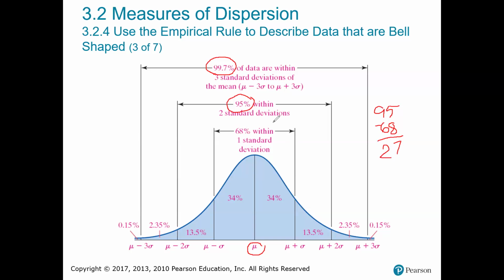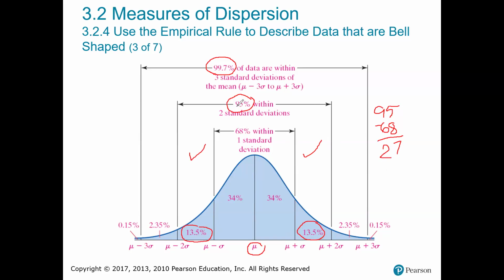And then if this is 27 after 68, split between the two sides, you divide 27 by 2. Half of 27 is 13.5. That's why this is marked 13.5% here, 13.5% here.